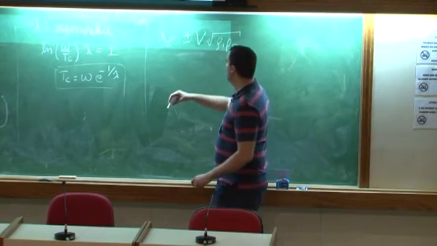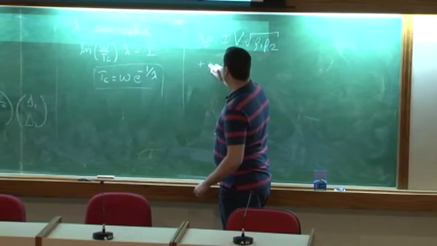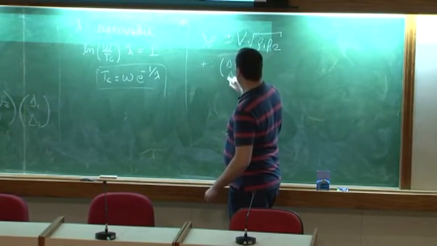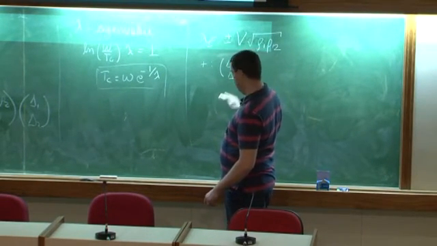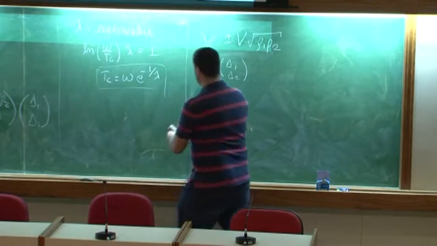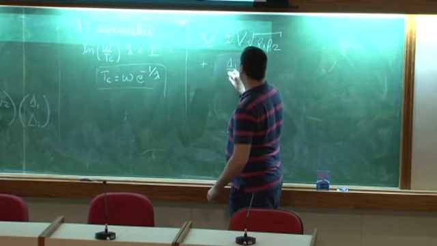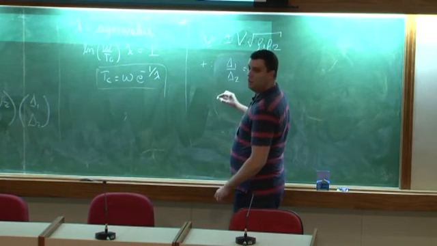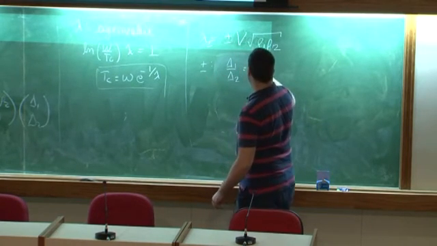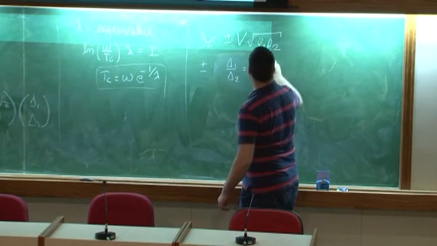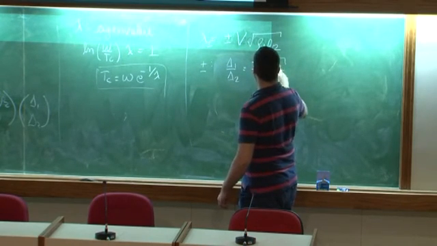For the plus, the eigenvector is always defined up to a constant, so I can define them as the ratio delta 1 over delta 2. So plus and minus will be minus or plus square root of rho 2 over rho 1.